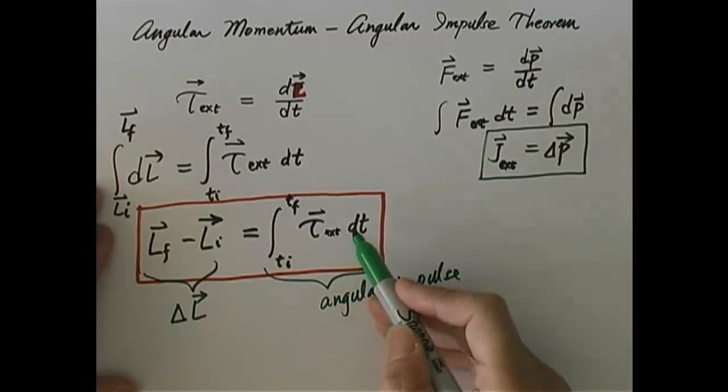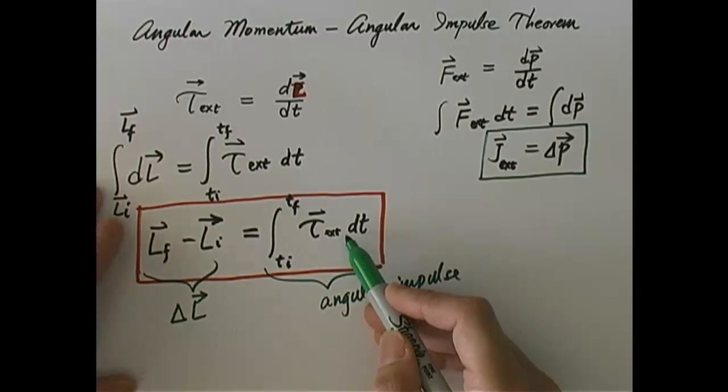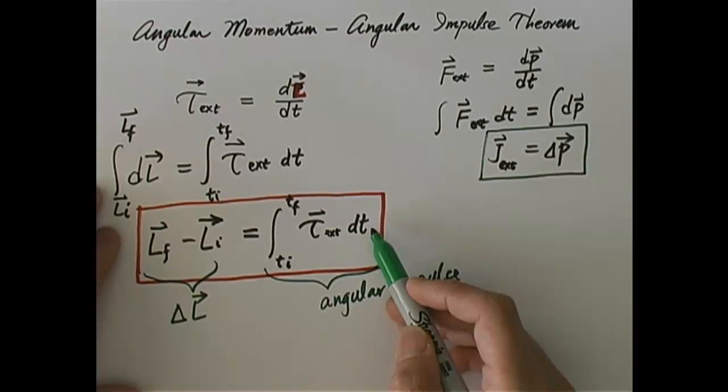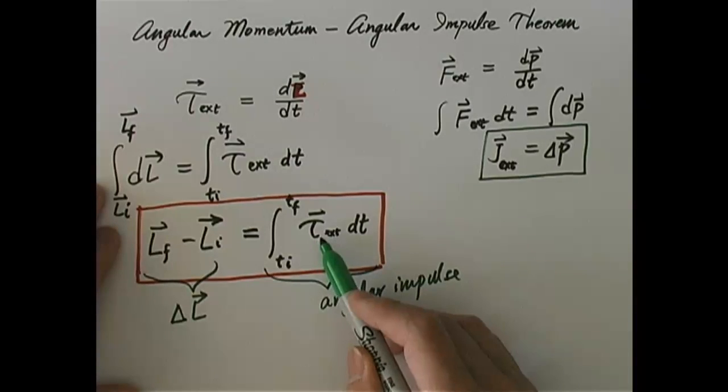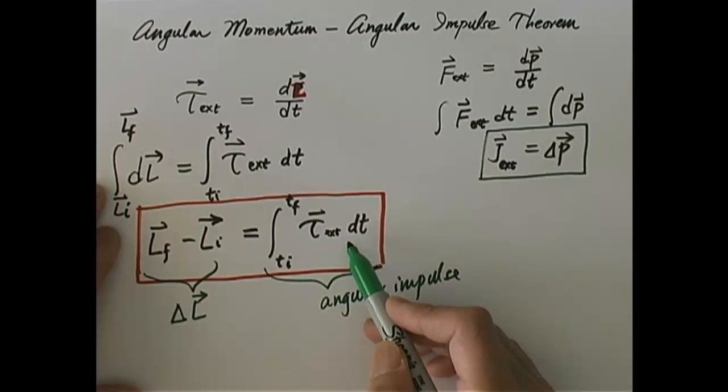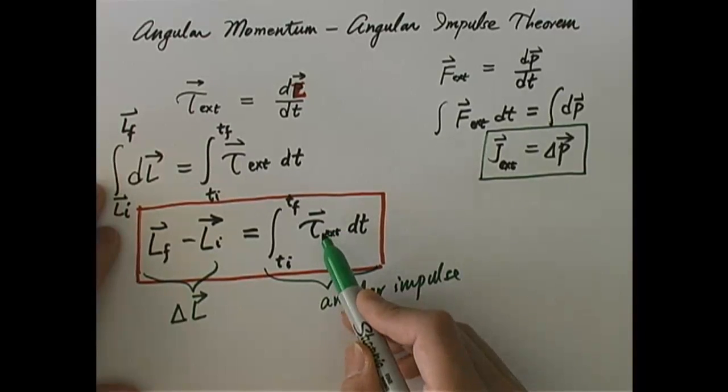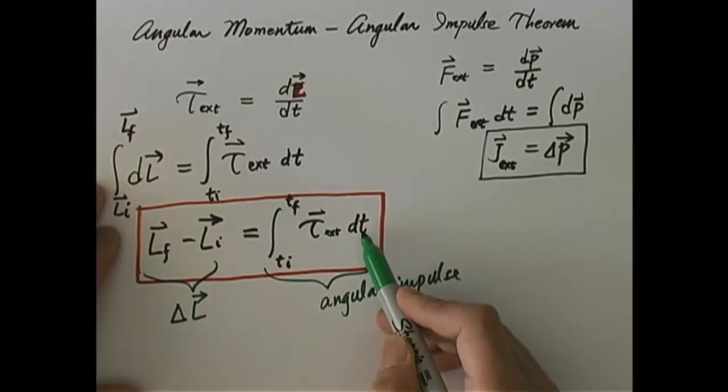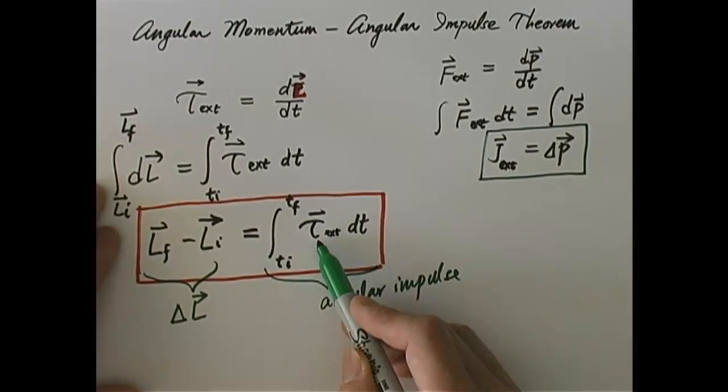Now this integral, by the way, I can approximate it. Suppose I know roughly the time interval is delta t, and roughly I know that the external torque has a certain value. So I can figure out the integral roughly by using this rough value of torque times the time interval delta t. And suppose I know the average value of the external torque.